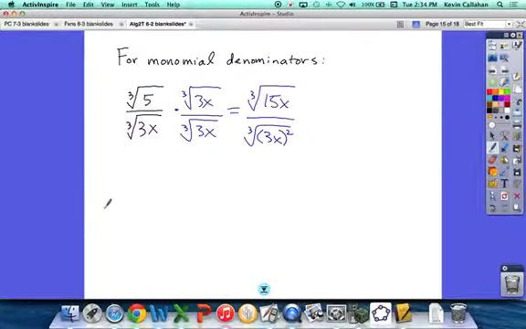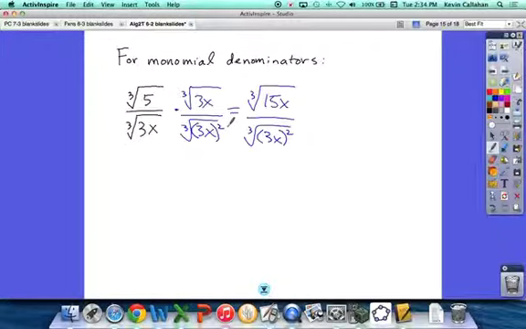But that's not enough for me to actually simplify that. What would I have really had to multiply this by in order to get rid of the third root, which is in the denominator? I would have had to multiply it by the third root of 3x squared, right?